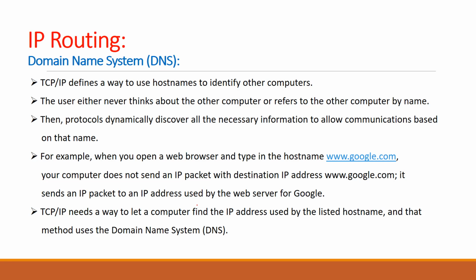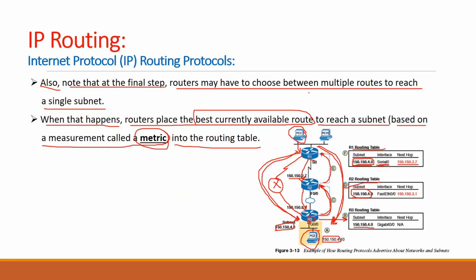Let's discuss something called domain name system or DNS. TCP/IP defines a way to use host names to identify other computers. Here we said PC1, not 150.150.1.1, for simplicity. But actually, the network uses the IP address, so we don't have to remember all the IP addresses of the hosts.